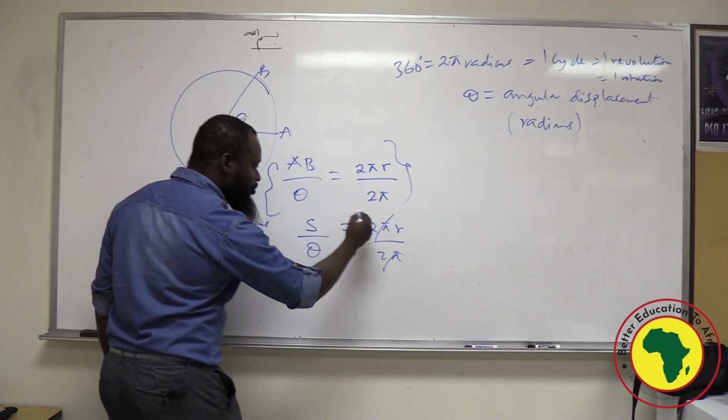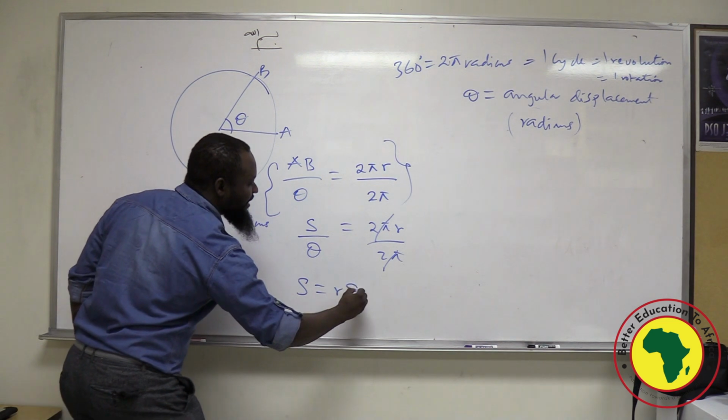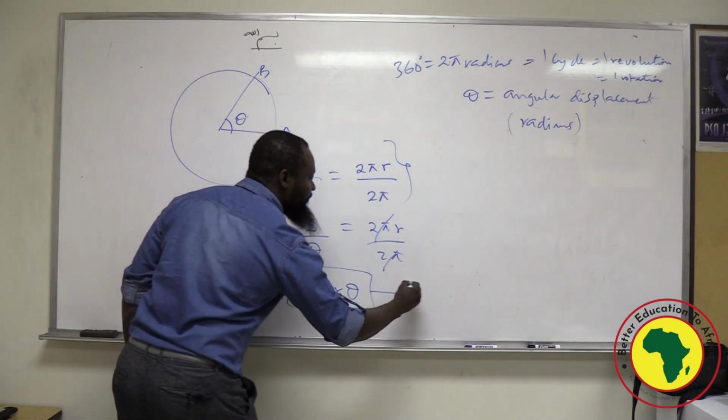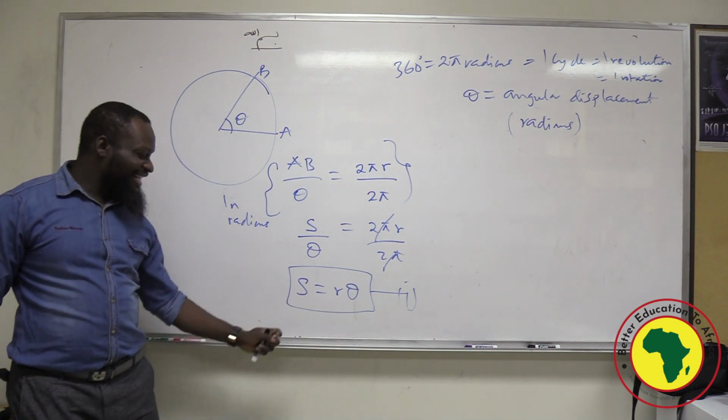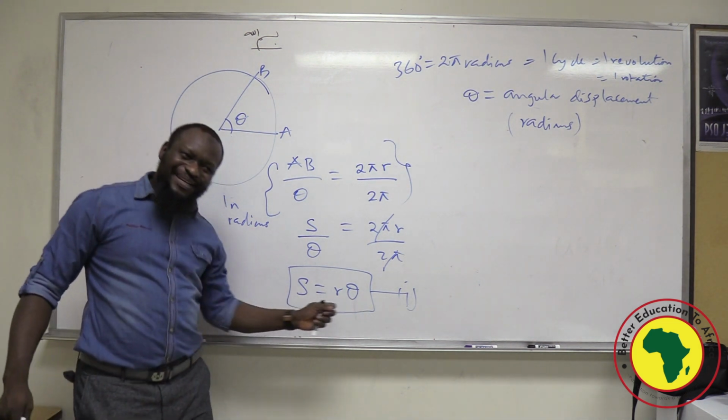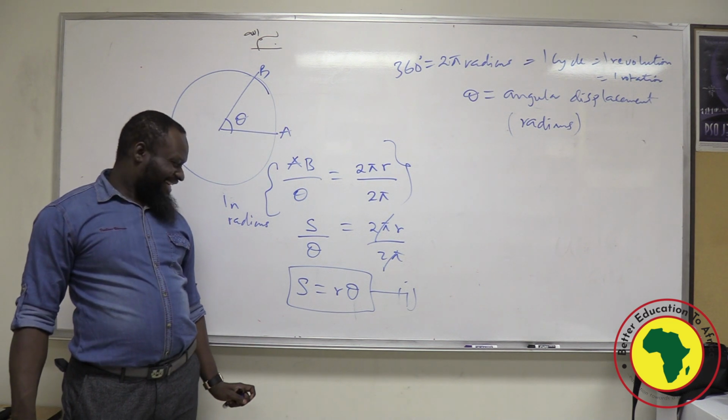So 2 pi cancels 2 pi, and I get S equals R theta. I call this equation 1. That equation relates linear displacement to angular displacement: linear displacement is radius times angular displacement.